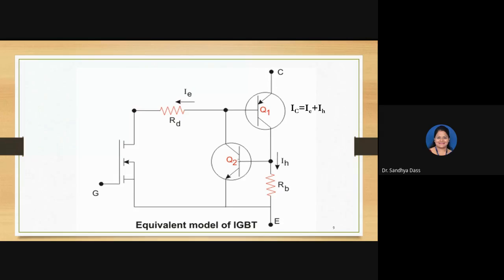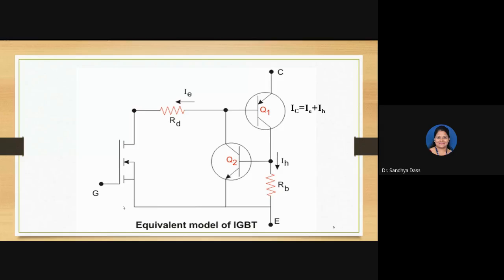So what happens in latch up? Latch up is the condition where the device will stay on and cannot be controlled by the gate voltage. That's the meaning. I hope that is clear.